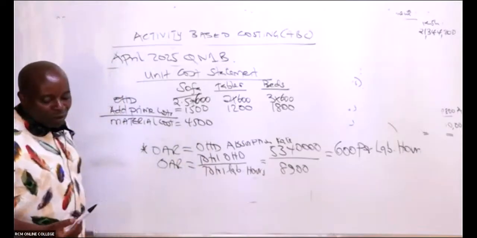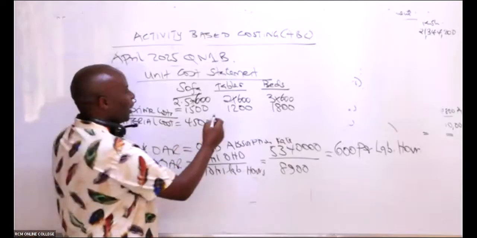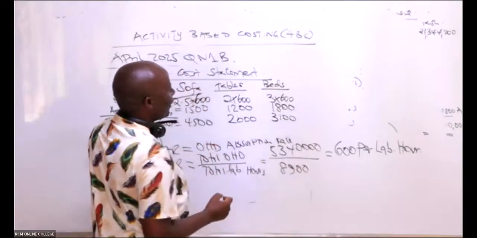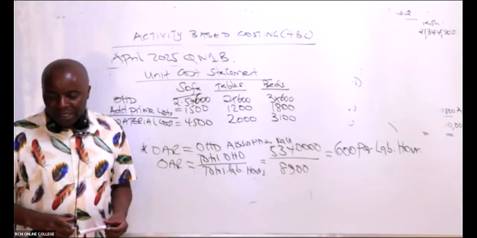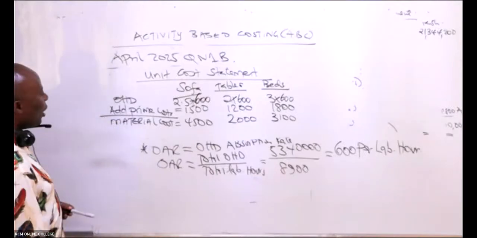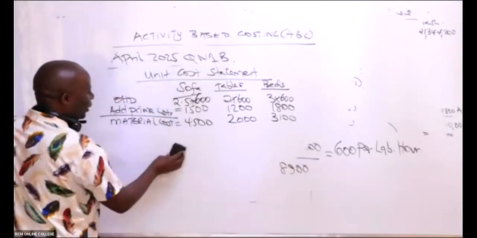How about one table? Tables will be 2,000, right? And then what do we have for beds? 3,100. So that is materials. How about labor cost? Are you able to see the labor cost, my good students?